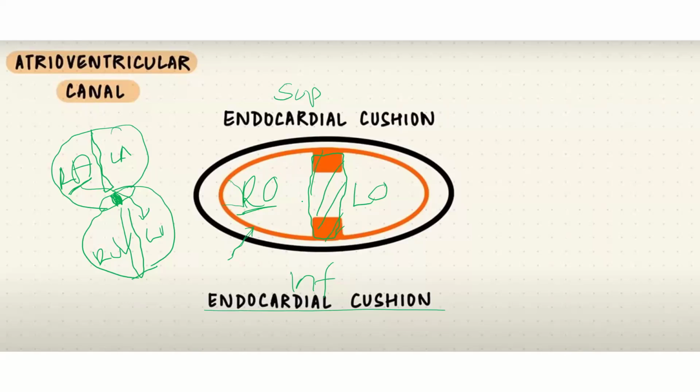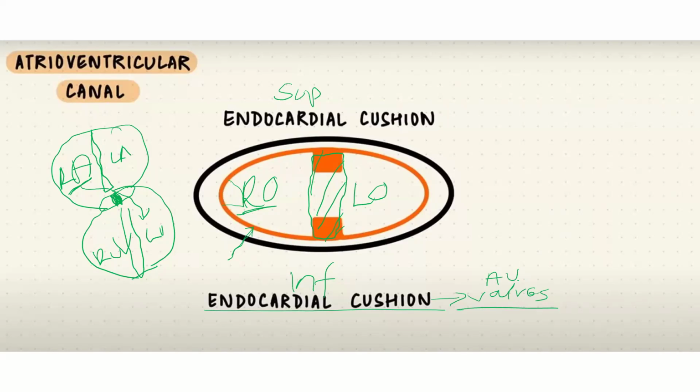The take-home message is that the valves also come from the endocardial cushions. Endocardial cushions give rise to the atrioventricular valves, that is, tricuspid on the right and bicuspid on the left.